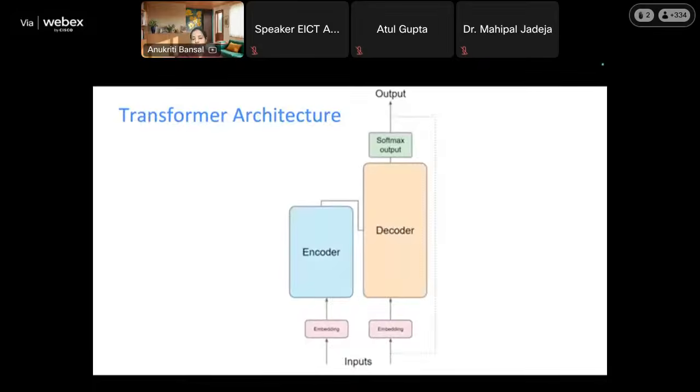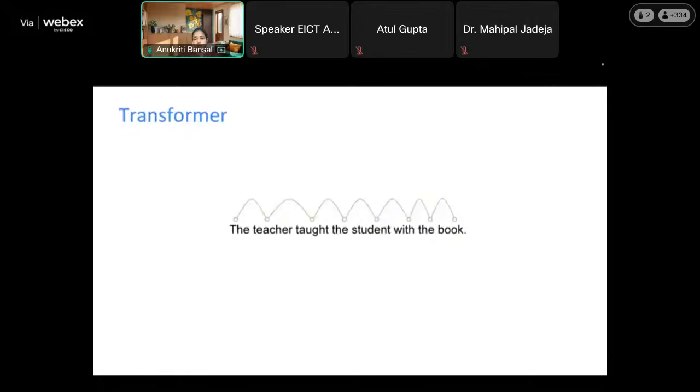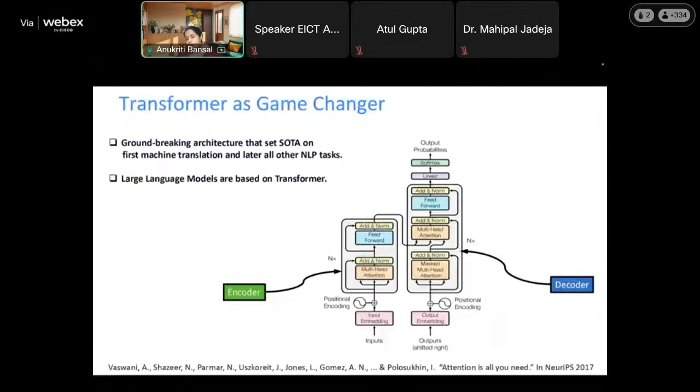If I want to simplify this architecture which was proposed in the paper Attention Is All You Need, this is my encoder block, this is my decoder block, and there are a few things inside each of these blocks. This is multi-head attention, and here also we can see multi-head attention with some modification, masked multi-head attention.